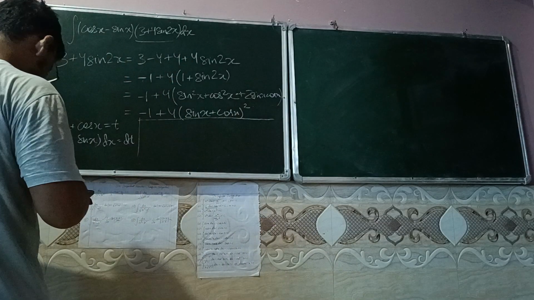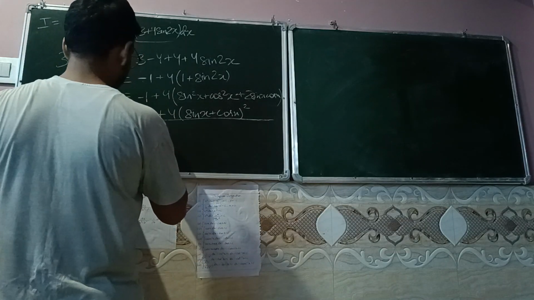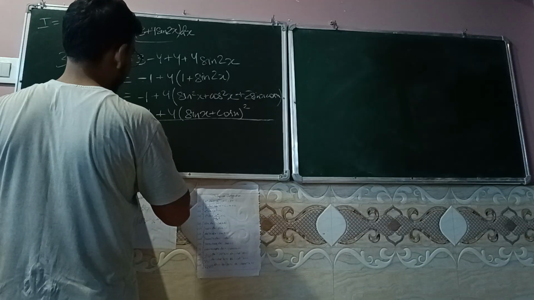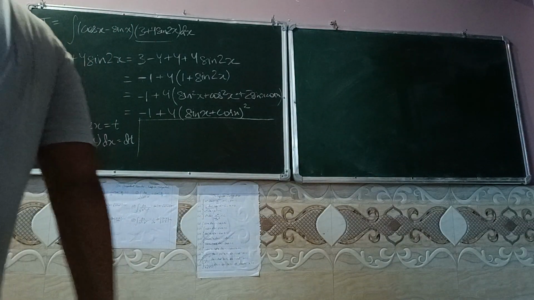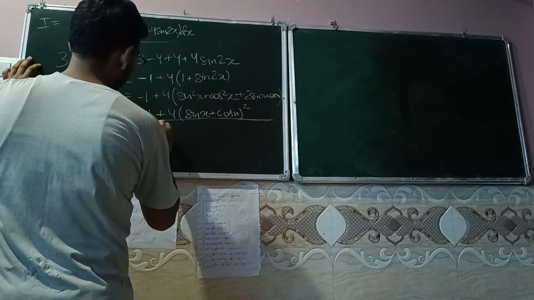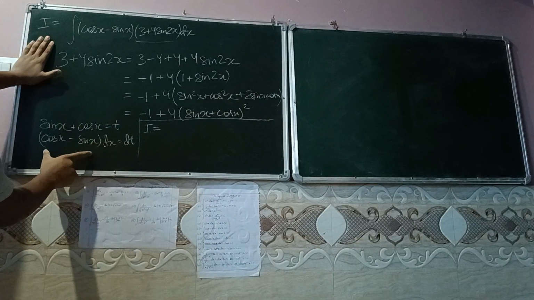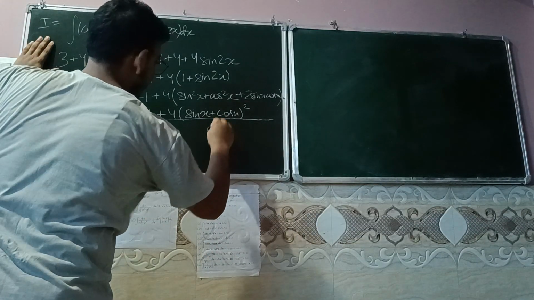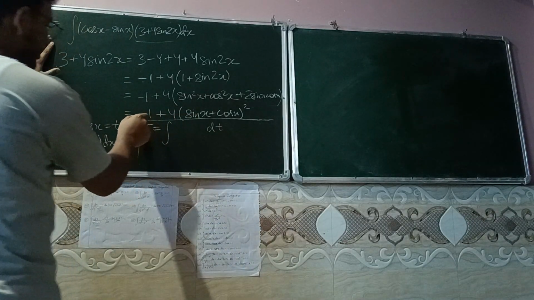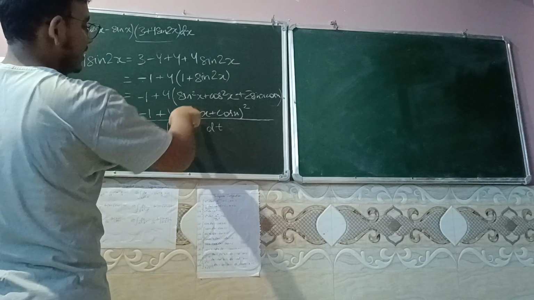So I'm just copying his steps. He just integrated it, and you can think about it. Should I explain it? Okay, let me explain it. So here I have dt, so we have dt over an integral of minus 1 plus 4 times t square.